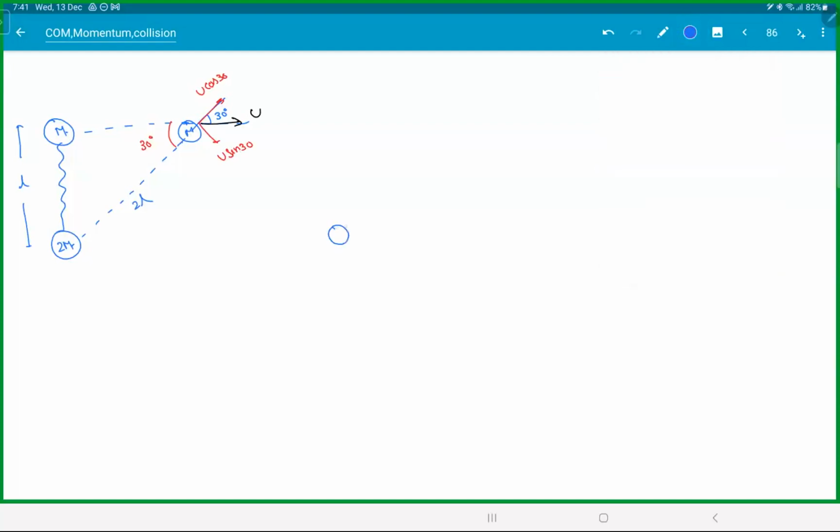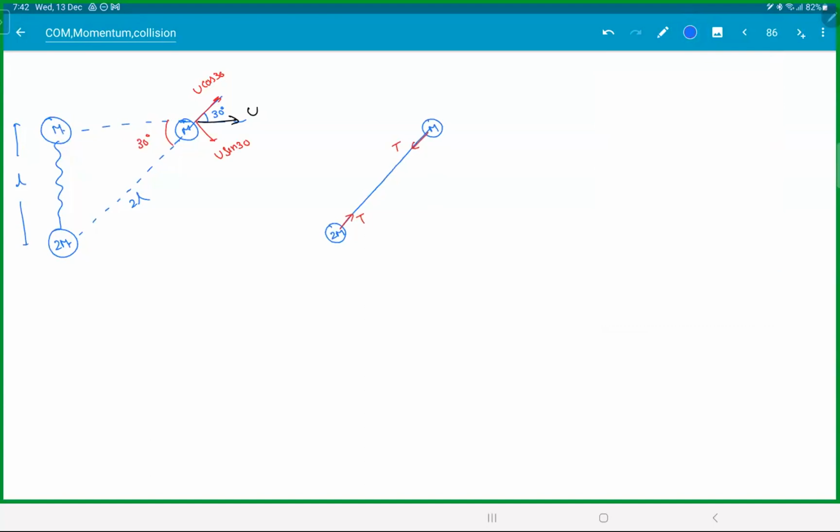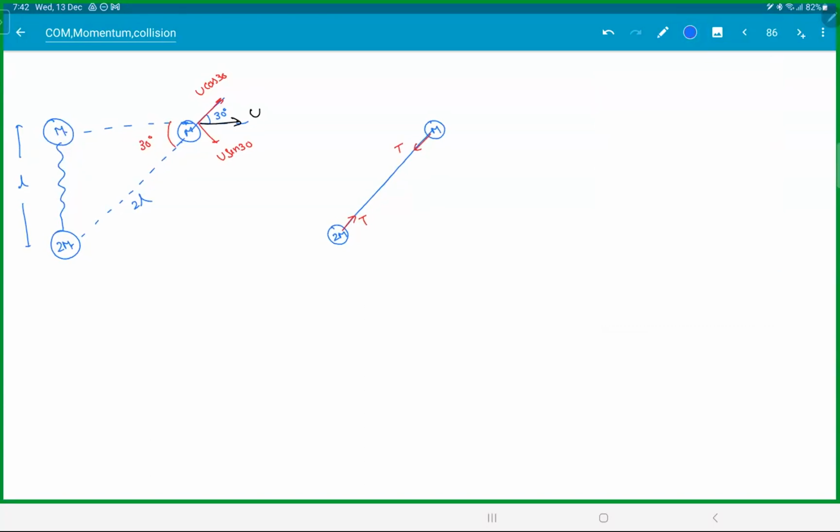Because when the string becomes tight, what is the force? Tension, right? The only force which is actually responsible for changing velocities is tension. Therefore, velocities will change only along the string. Do you agree with that?